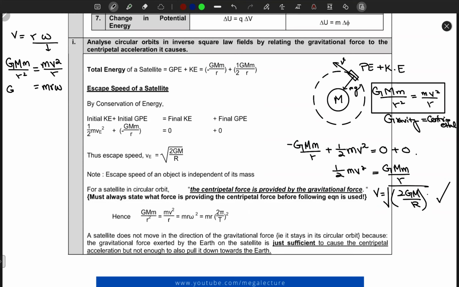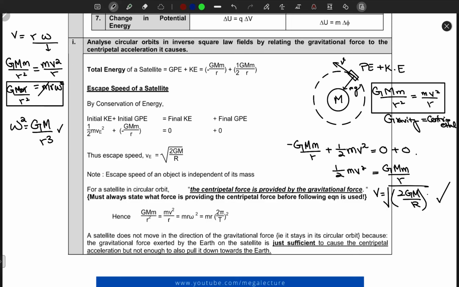And on the left hand side, we have GMm by r squared. And you can use this expression now to write down the angular speed with which the satellite orbits the Earth. So m cancels, and you're left with omega squared equals GM by r cubed.